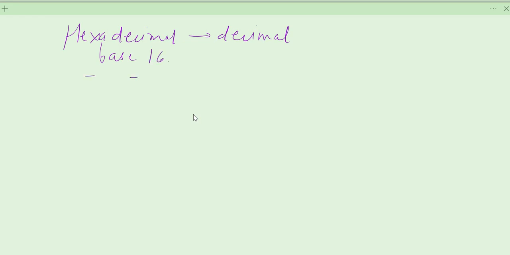So whatever are the number of digits, their weights are, suppose decimal point is here, then 16 raised to 0, 16 raised to 1, 16 raised to 2 on this side, 16 raised to minus 1, 16 raised to minus 2 if this is a decimal point this way.